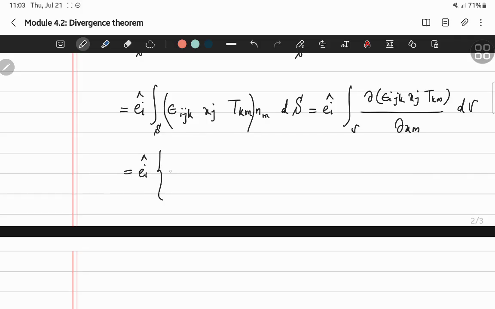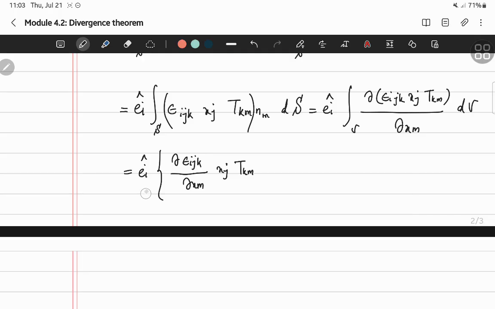So we have to take the partial derivative of epsilon_ijk x_j t_km, and we have the integral in here, right?